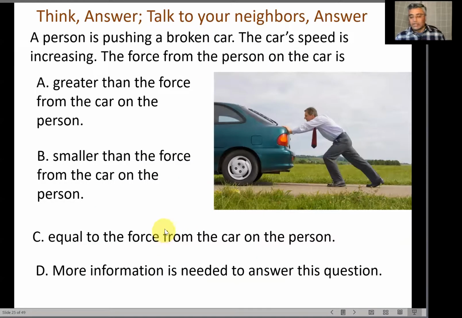So now here is a question for you. The person is pushing the car, so that means car is also pushing the person, right? It says the force from the person on the car is what? So you have a minute to answer this question.